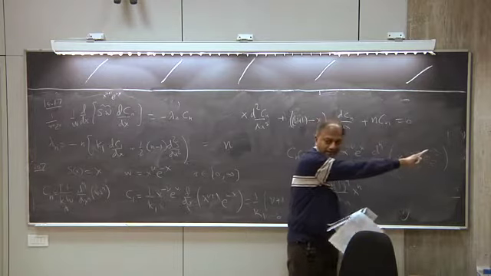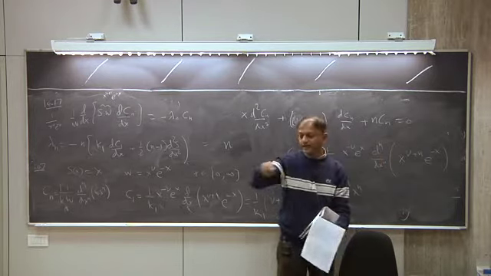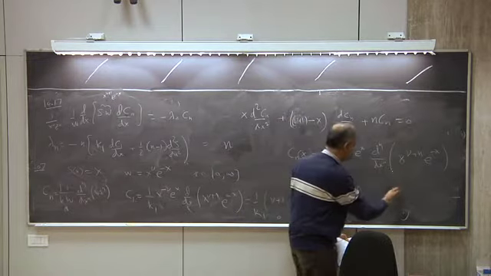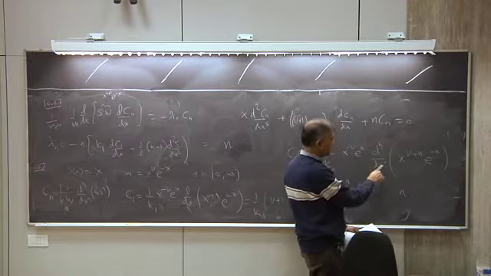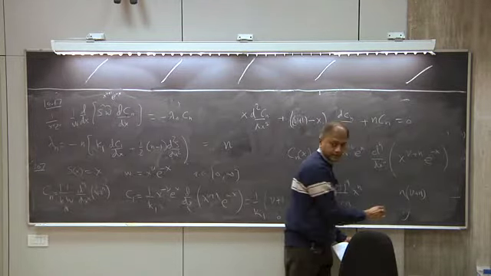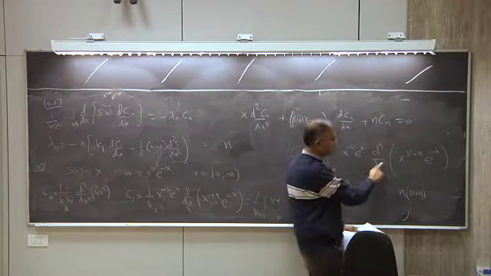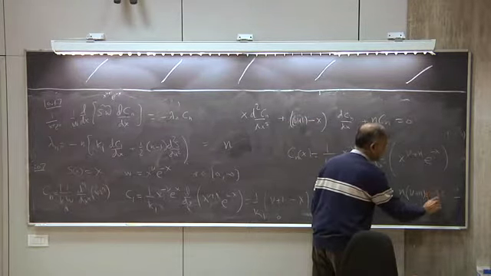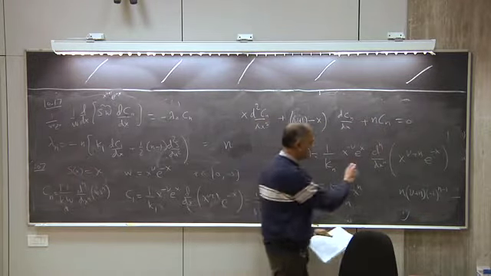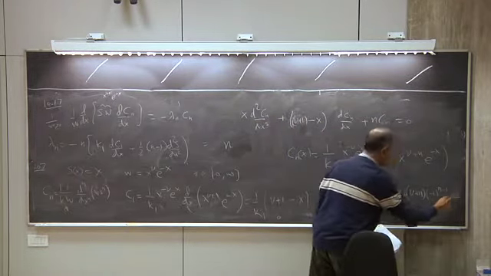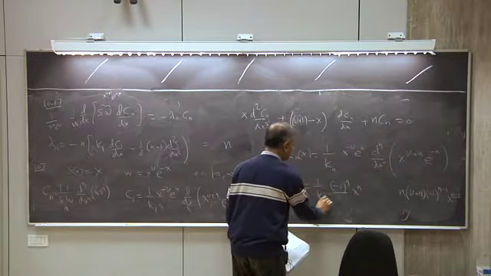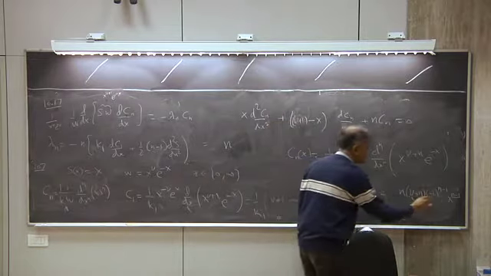Everything else acts there. So there's a factor of n. Then that derivative, when it hits here, will give you nu plus n, and the remaining n minus 1 derivatives hitting here will give you minus 1 to the n minus 1, and then you're left with x to the n minus 1. The 1 over kn is outside, so take it out.